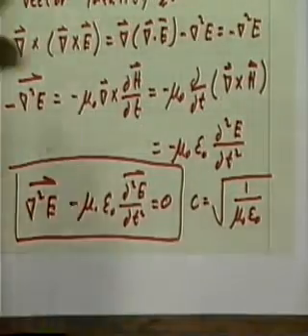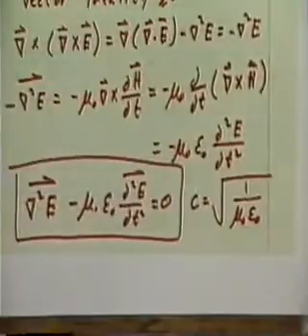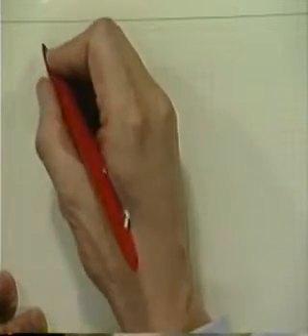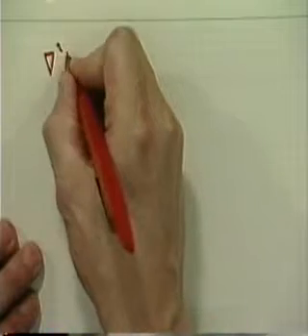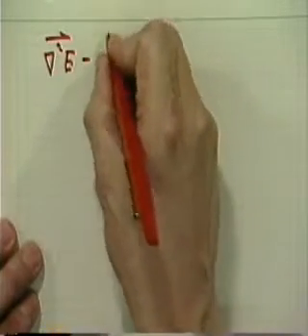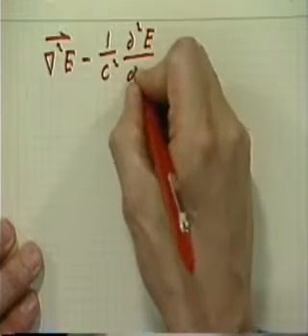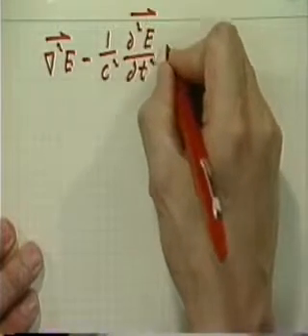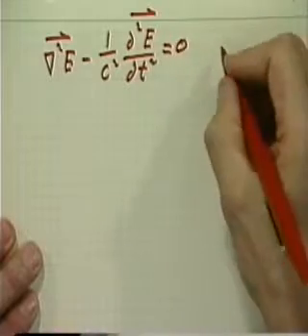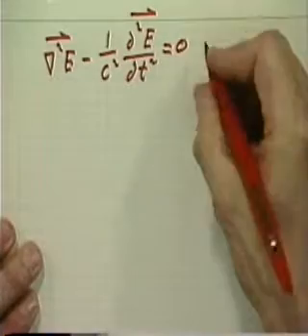And so what we have here is that del squared E minus 1 over c squared, second derivative of E with respect to t, is equal to 0, and we'll call that the wave equation.